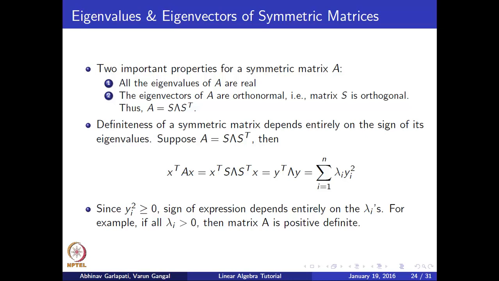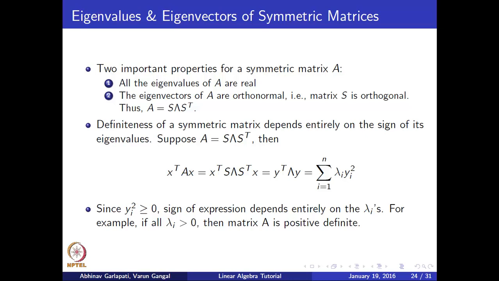For symmetric matrices, their definiteness can be inferred from the signs of their eigenvalues. Suppose that A equals S lambda S transpose. Now, taking the quadratic form with respect to A for a vector x, x transpose Ax simplifies to y transpose capital lambda y, where y is S transpose x.